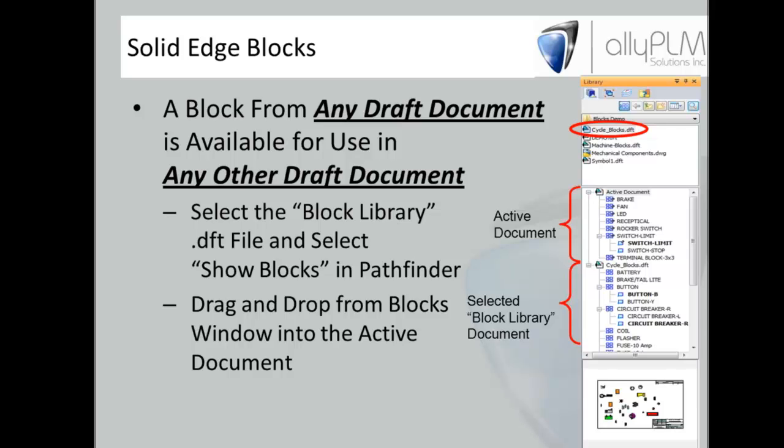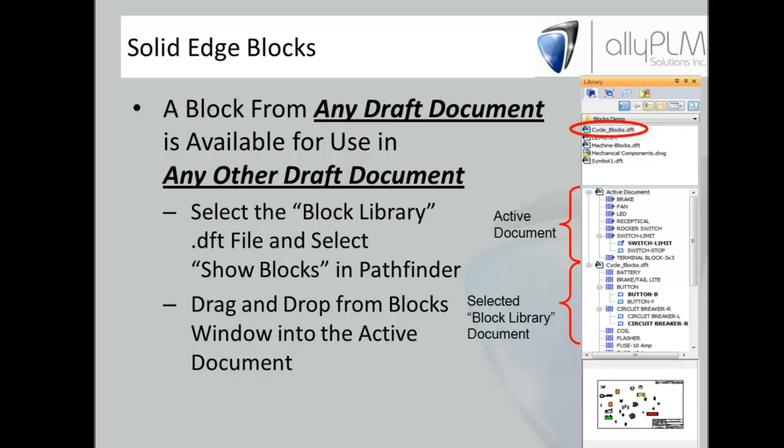The other nice thing about the library is that because you're able to create a library, you can also select a block from any draft document and use that in your current draft document. Like I mentioned in that screenshot, it's over here on the right side of the screen.